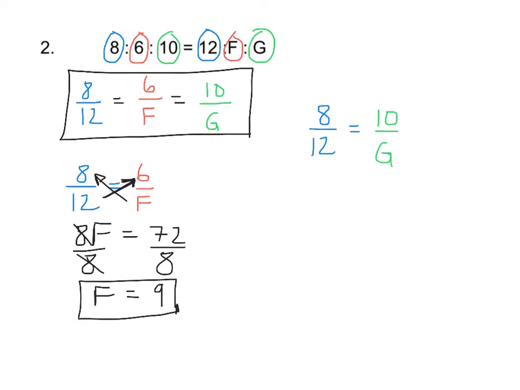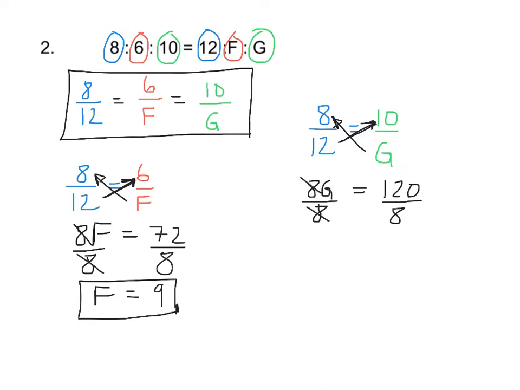Then doing the same thing on the second one, I have over here cross multiplying both numbers. So I have 8 times g, which is 8g. And then I have 12 times 10, which is 120. And remember, this is 8 times g. So to get rid of the 8, I will do the opposite operation, which is divide both sides by 8.